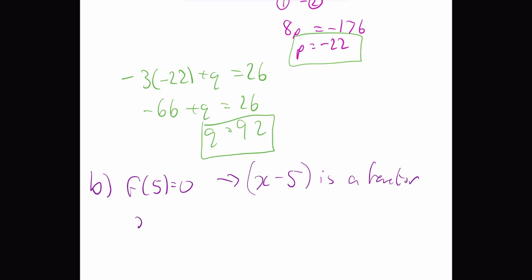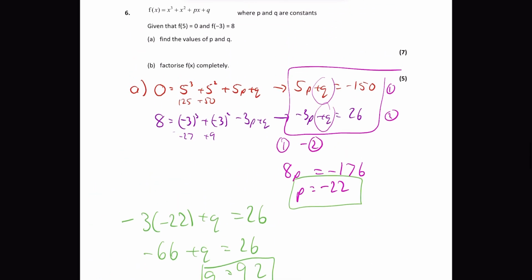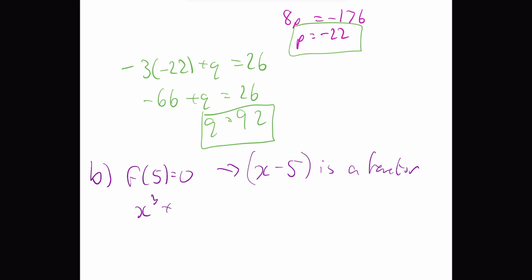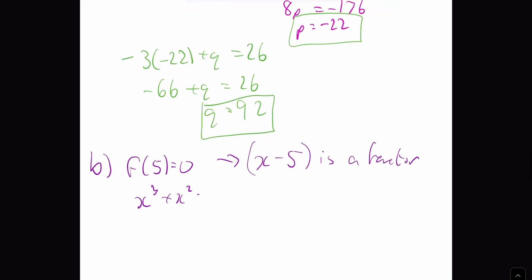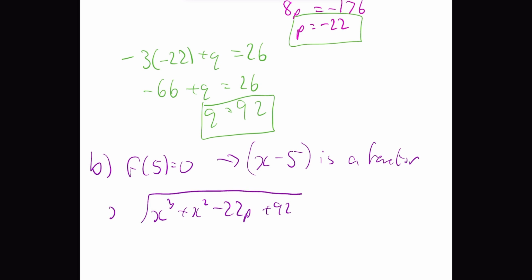And our equation is x cubed plus x squared minus 22p add 92. And if I divide this through by x minus 5, we should hopefully have an answer.